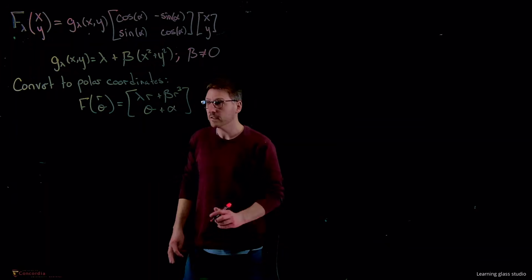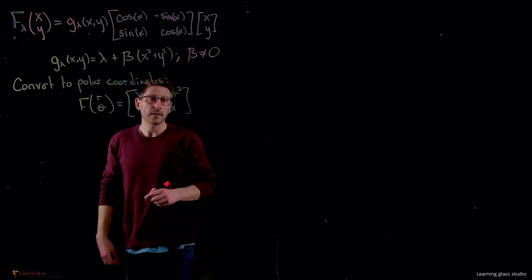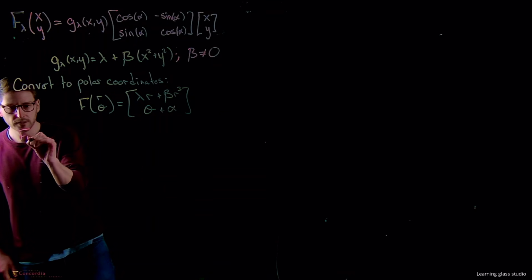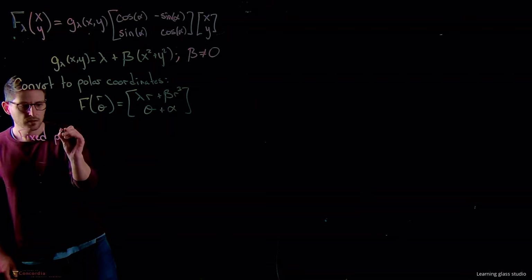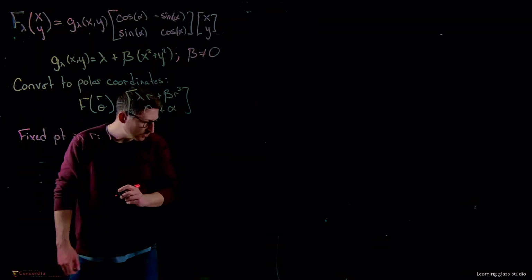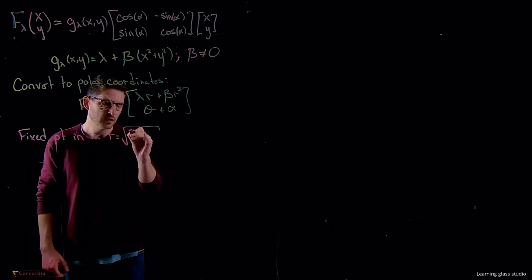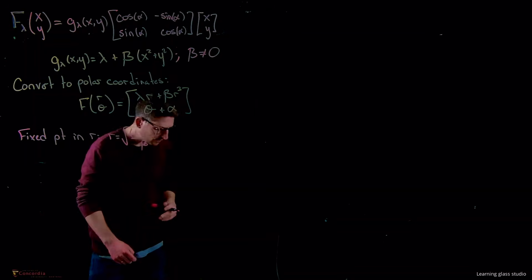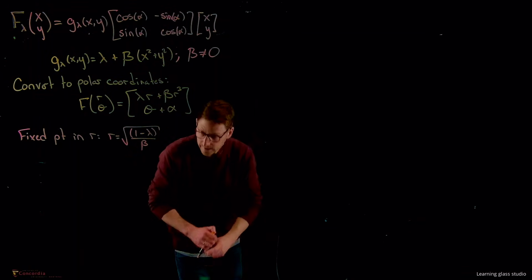Then we can see that there is a fixed point in R, which is R equal to the square root of 1 minus lambda over beta. What does this actually represent?